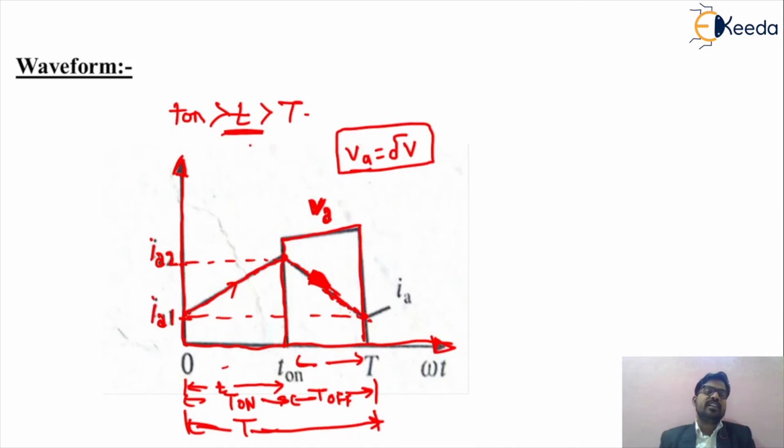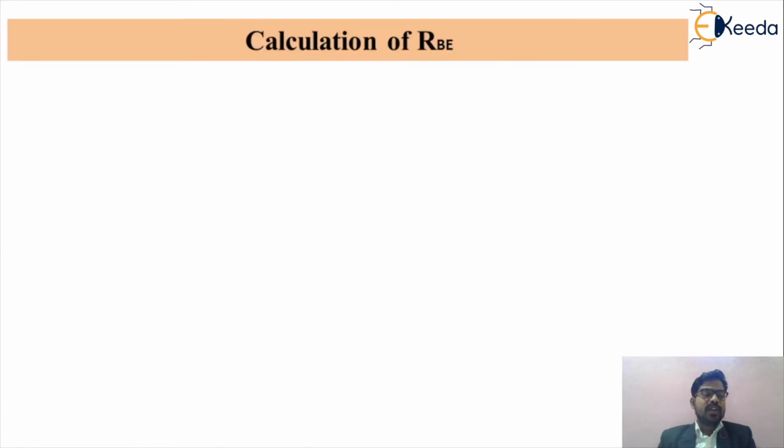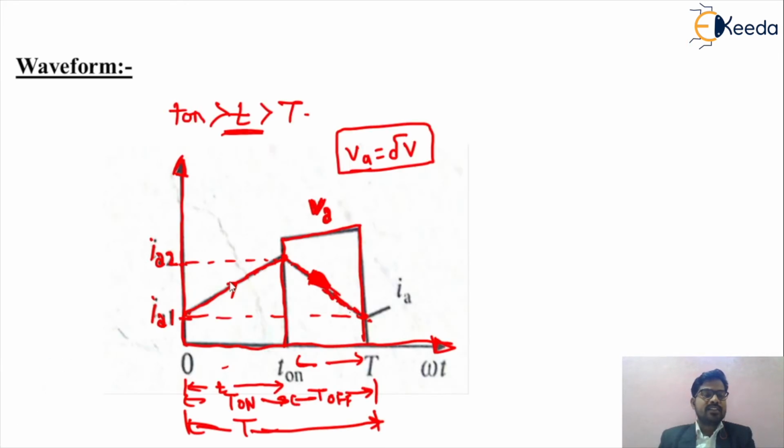So this is in concern with the waveform of the operation of dynamic braking. Friends, now we can derive the effective value of the braking resistors. For the calculation of the value of the braking resistor, the first thing that is very important is to understand the concept.